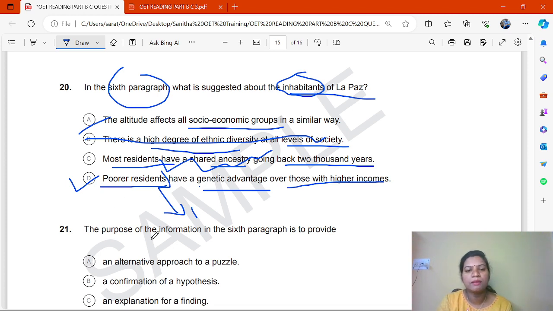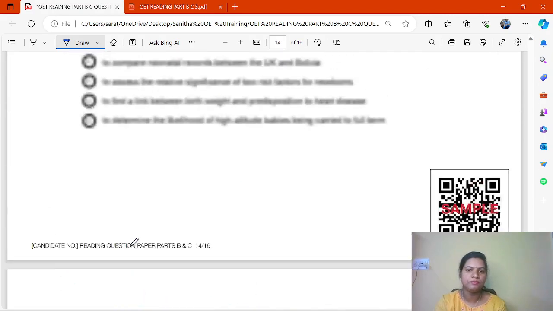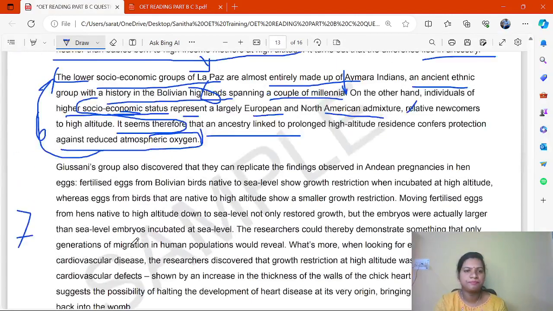Next question. The purpose of the information in the sixth paragraph is to provide an alternative approach to a puzzle, a confirmation of a hypothesis, an explanation of a finding, or a solution to a problem.